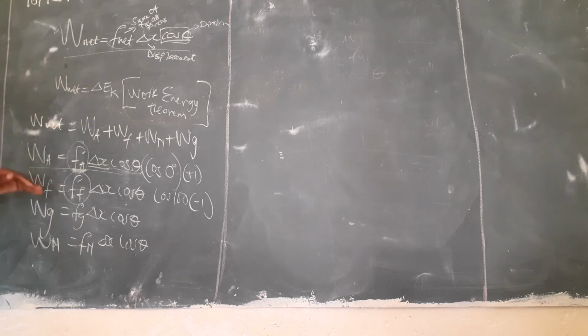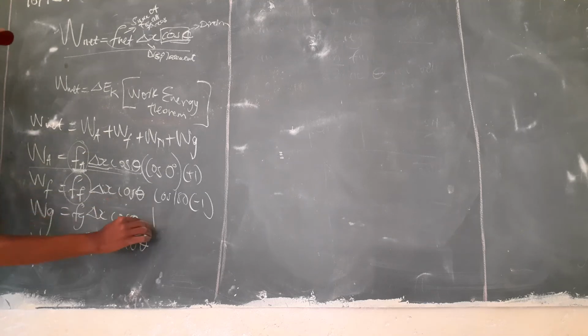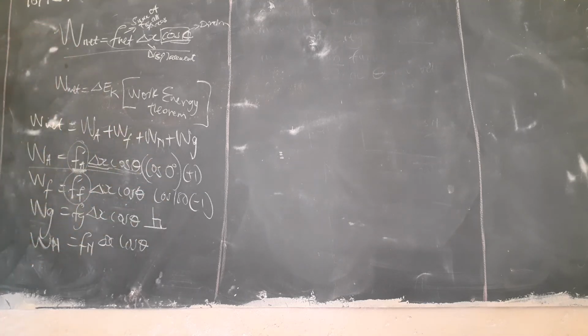But before I go to the Cartesian plane, let me also talk about this one. Work done by weight is always like this. But remember, how is weight working on the object? Weight and normal are working perpendicular to the surface. As long as they are working perpendicular to the surface, they create an angle of 90 degrees.